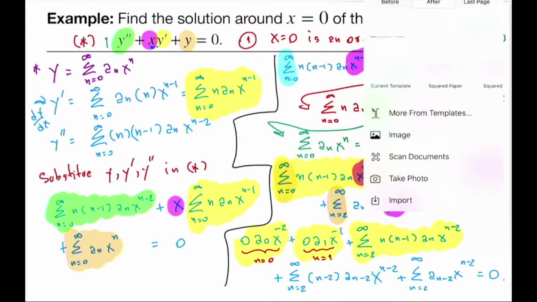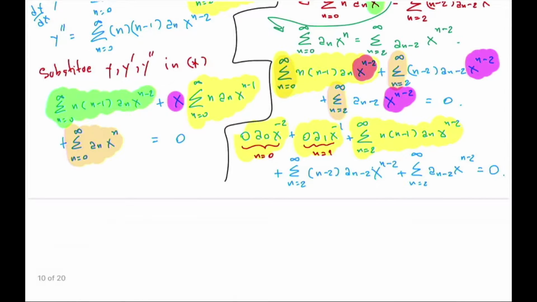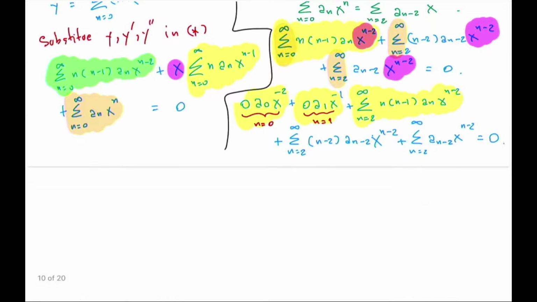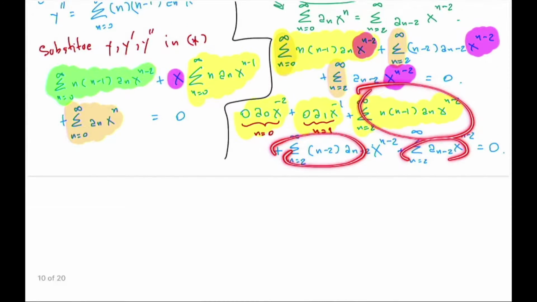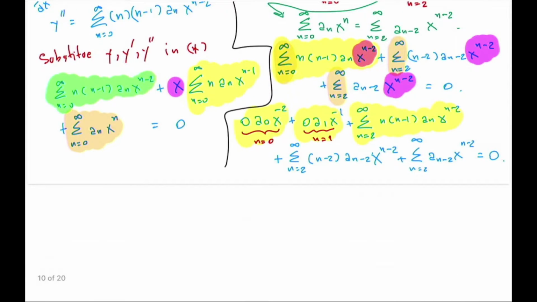After that, let me get the next page. So after that, we would have that. I'll group these summations together, because that's what we always wanted to do in the first place, right? We want to group these summations. That's why we change the exponents here, and then we change the summation here, because we want to group them.